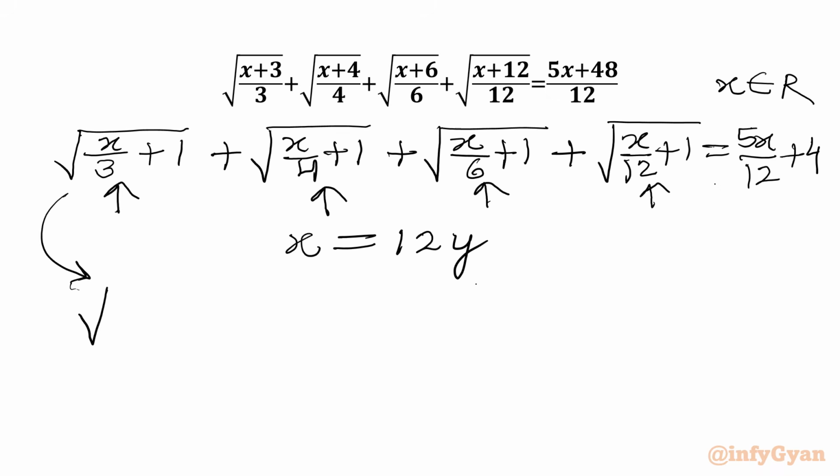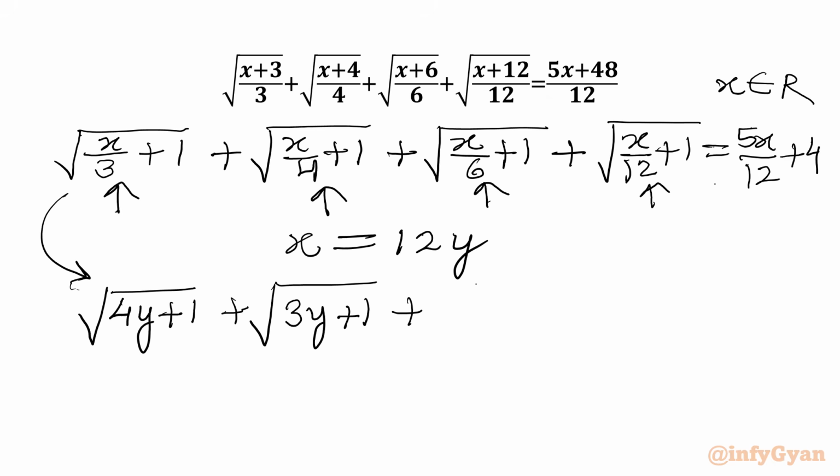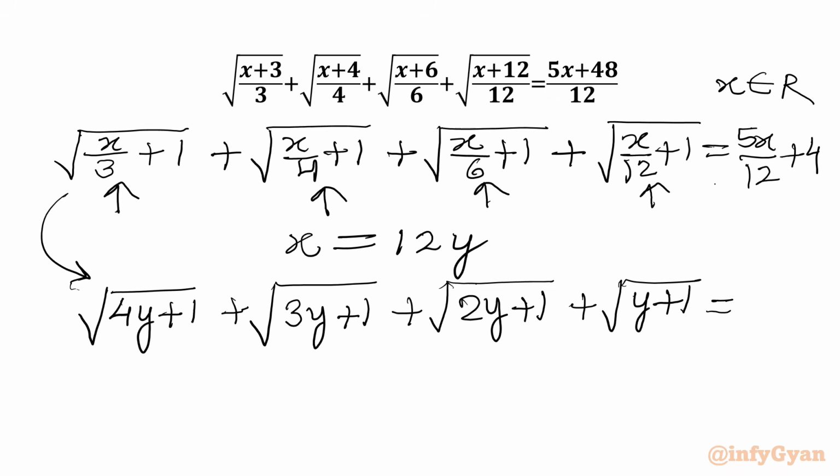The square root of x over 3 will be 4y, then we have plus 1, plus the square root of x over 4 will be 3y, plus 1, plus the square root of x over 6 will be 2y, plus 1, plus the square root of x over 12 will be y, plus 1. On the right hand side we'll write 5 times 12y over 12, which will be 5y plus 4.